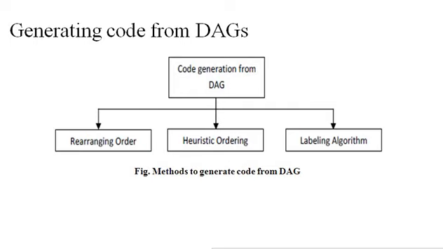Now if we can change the order of lines, like first write T2 is equal to C plus D, then T3 equal to E minus T2, then T1 is equal to A plus B, then T4 is equal to T1 minus T3.